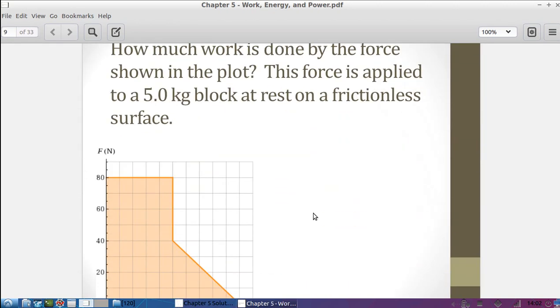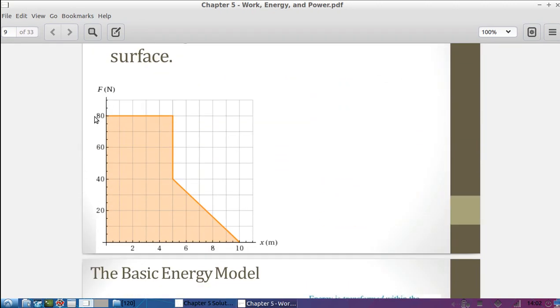The second slide is one of those problems. We've got linear functions. This is actually a constant force, a constant force of 80 newtons over the first 5 meters. Then from 5 meters to 10 meters, the force immediately drops down to 40 newtons and then decreases linearly to 0 newtons.